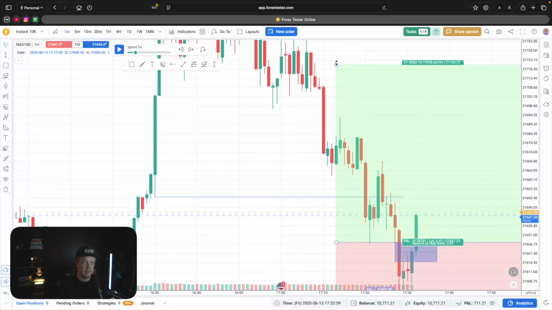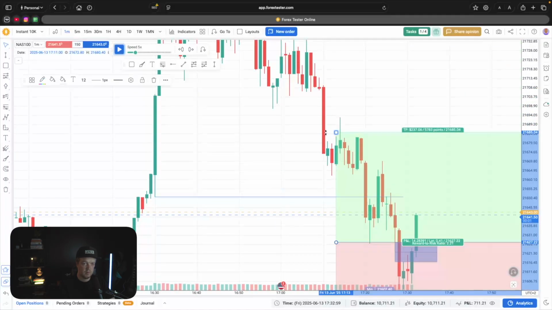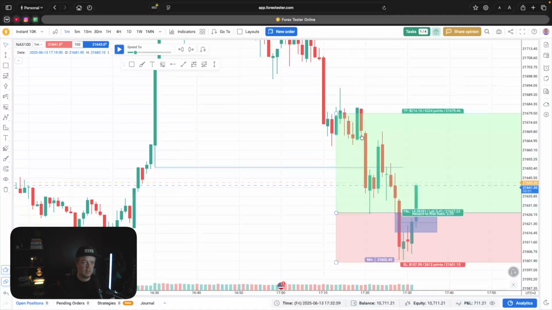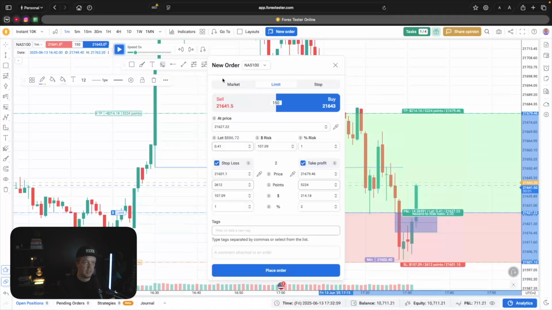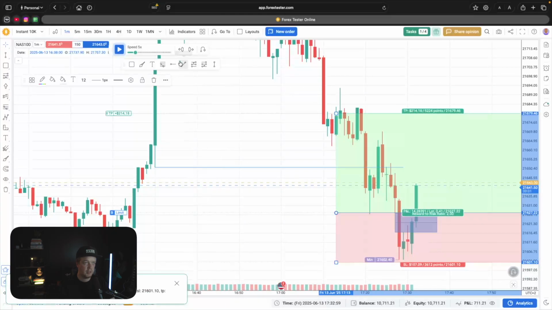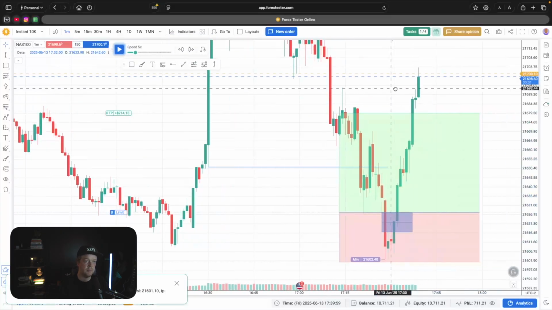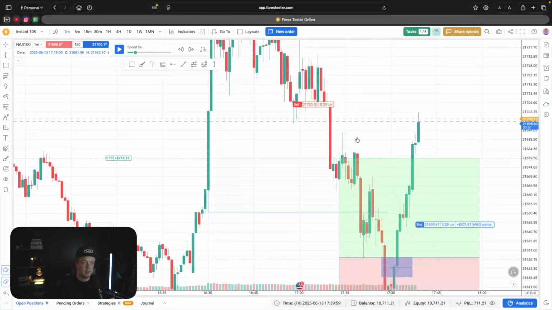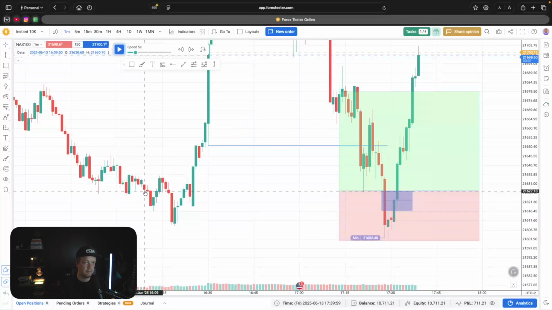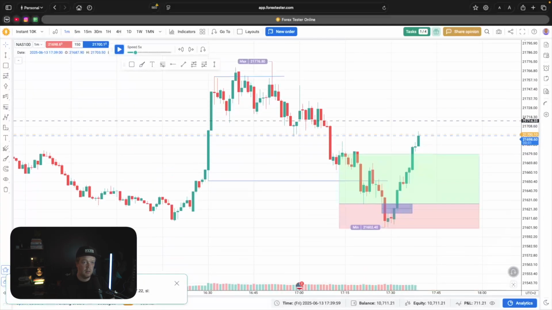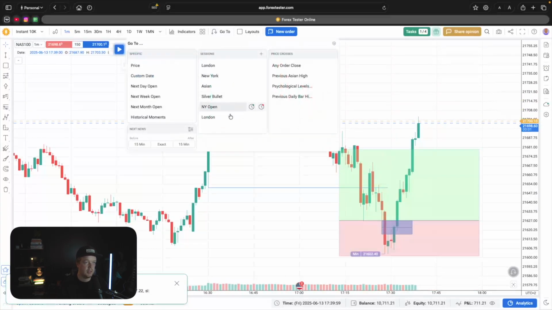And we target a fixed 1 to 2 risk to reward. And let's see if we get tagged in with our buy limit. We already reached our TP. So for me, this is a no trade, so I'm going to delete this order. And let's move on to the next day.